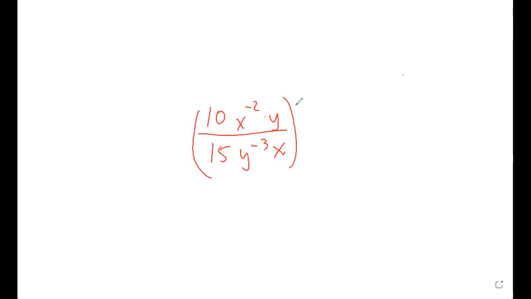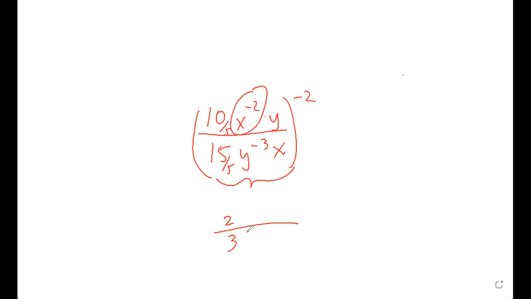Let's do 10 over 15, x to the minus 2, y to the minus 3, with x and y, and let's do -2. Okay, by the order of operations, we should simplify this first. Simplifying the numbers, we divide both by 5, and that'll give me 2/3.